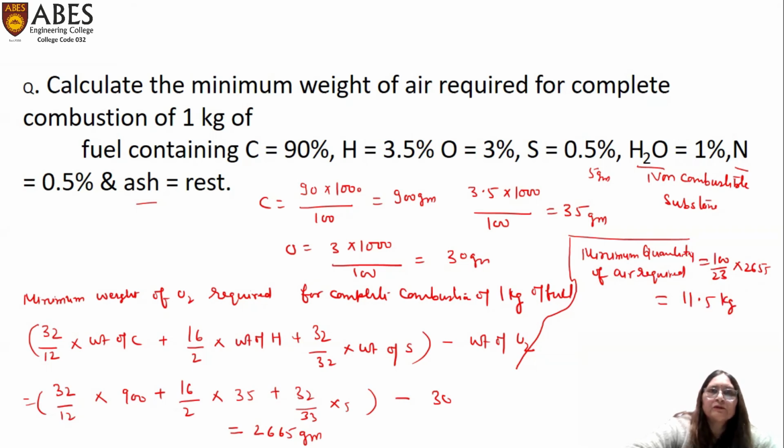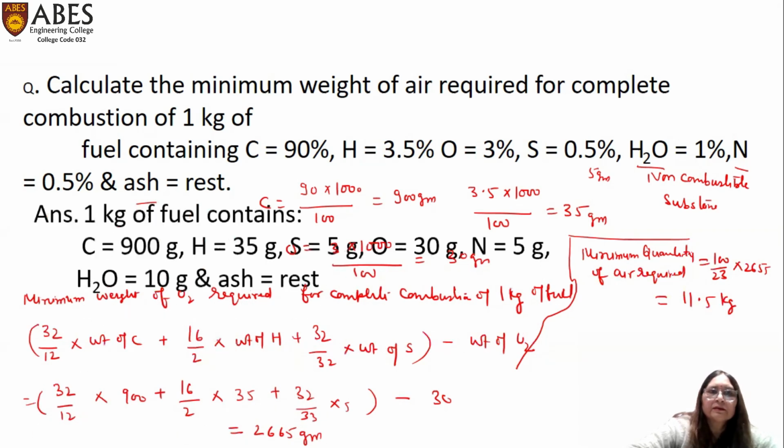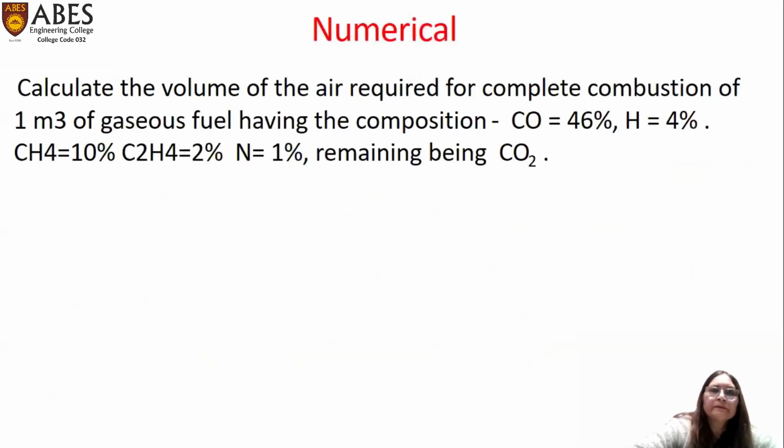Now we will solve the next numerical. Calculate the volume of air required for complete combustion of 1 meter cube of gaseous fuel having the composition CO 46%, hydrogen 4%, methane 10%, ethylene 2%, nitrogen 1%, and remaining being CO2.